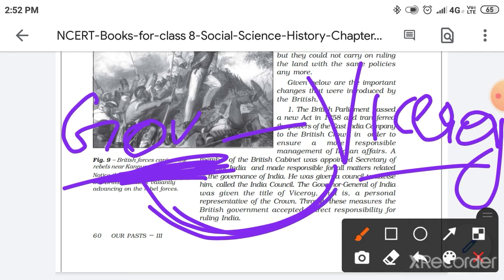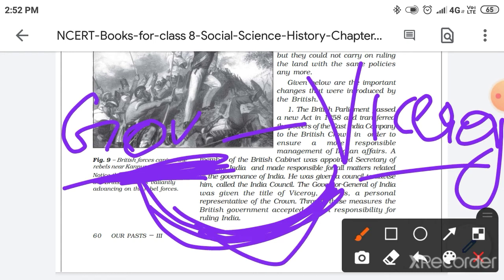Now why this conversion? The reason was that the term Viceroy represents the personal representative of the British crown, the British head of state.